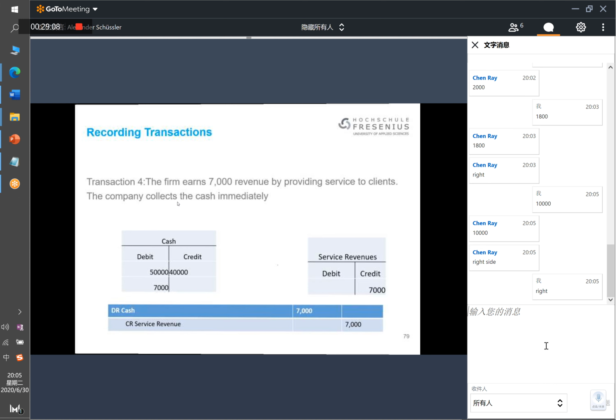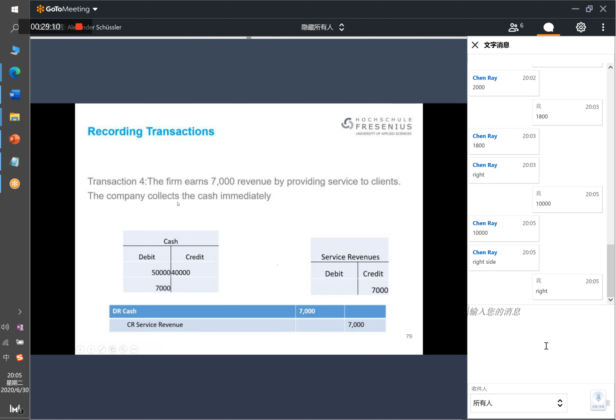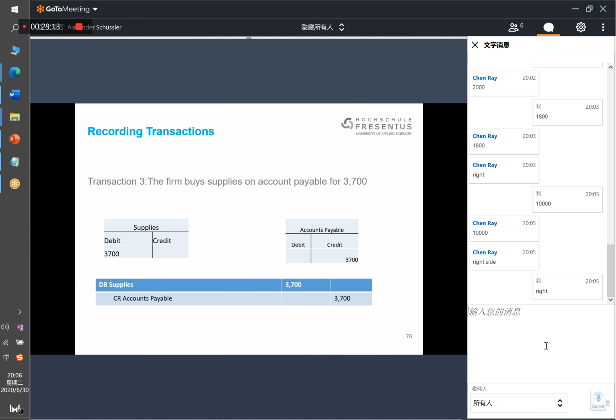Service revenue we had, accounts payable. Okay, supplies. Supplies is 3,700. There's only one.